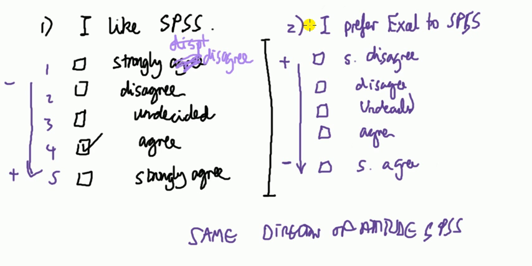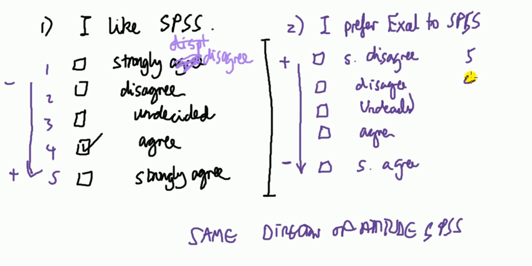Alright, so how do we deal with entering a reverse coded question? For all the other questions in terms of positive attitudes, it's 1, 2, 3, 4, 5, so the higher it is, the more strongly you agree. When we've got something that is reverse worded, you just simply reverse these. So instead of going from 1 to 5, from strongly disagree to strongly agree, you're going to go backwards.